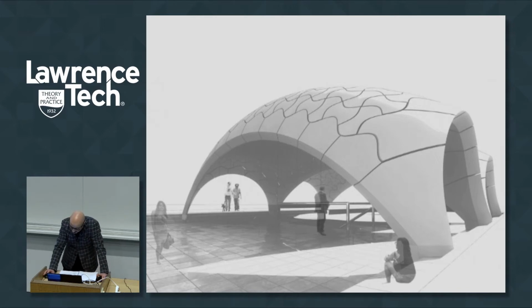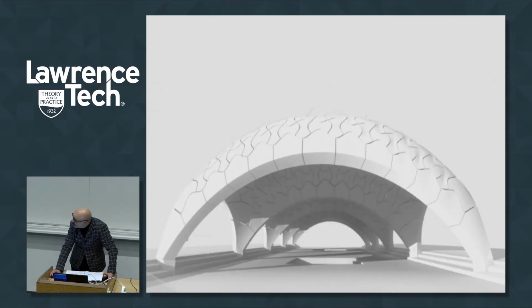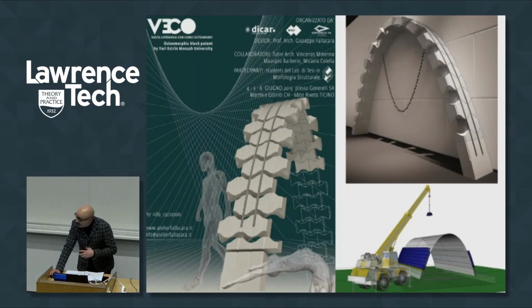The osteomorphic design is optimizing the mechanical performance of the vaulted system, improving the transfer of the pressure between the ashlar. And so it's not only an aesthetic condition, but it's also a mechanical condition to improve the mechanical behavior of such vaulted spaces.